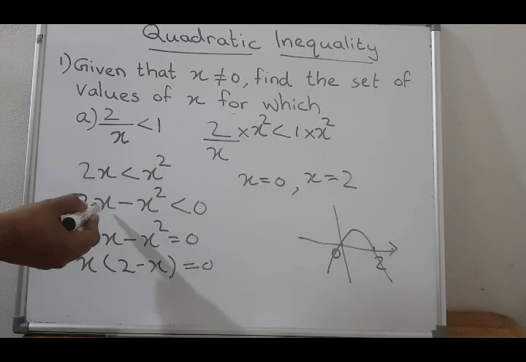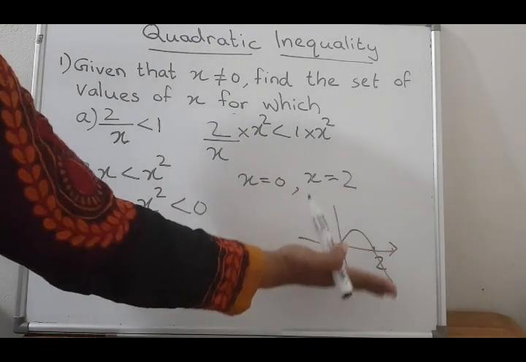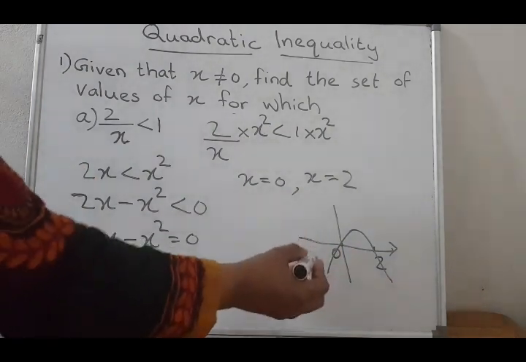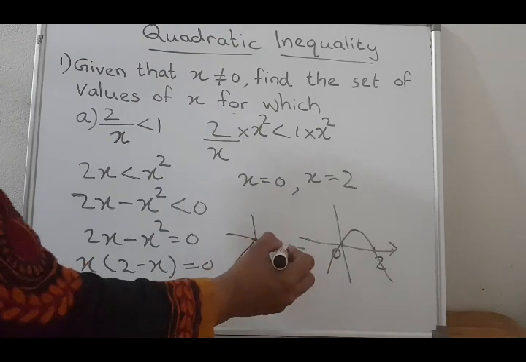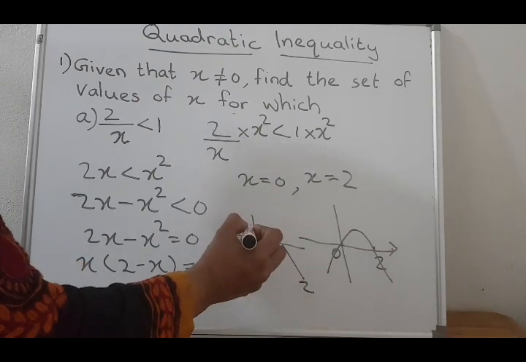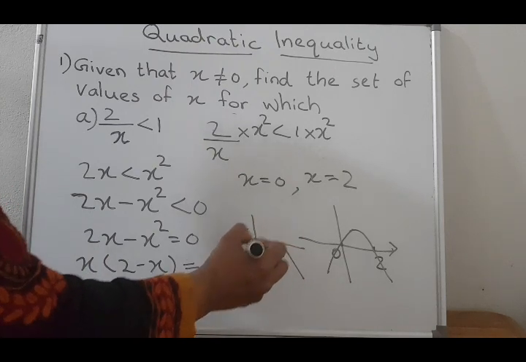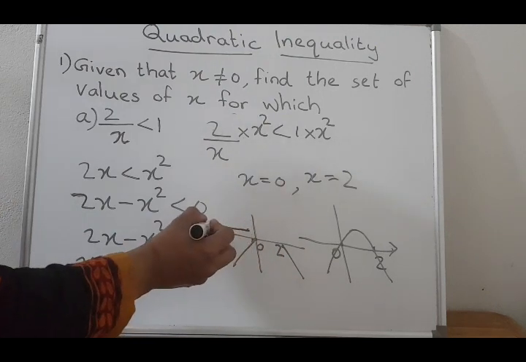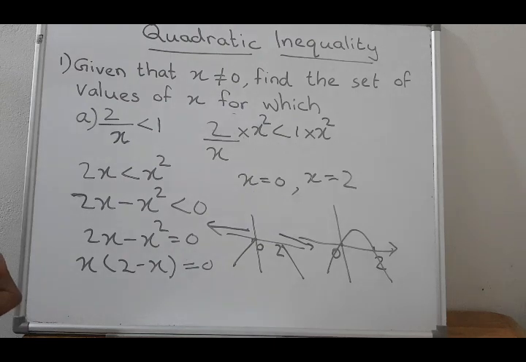Now you see 2x minus x square is less than 0. Something is less than 0 means that is below the x-axis. So which part is coming? Below x-axis. See, this part is coming. So the corresponding x values are this and this, right?